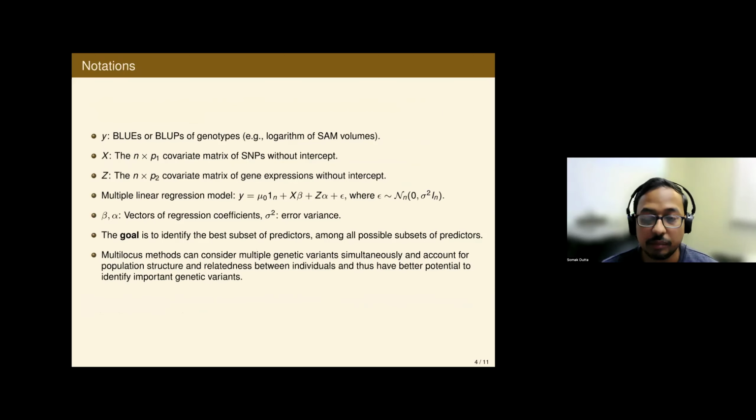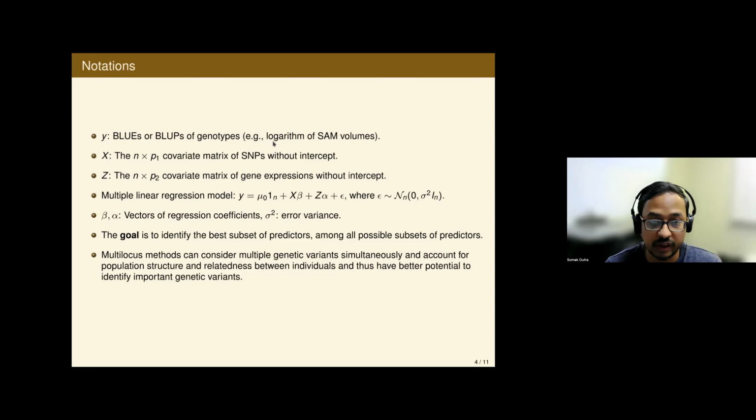The statistical model behind combining the genome-wide association study and the transcriptome-wide association study is a high-dimensional linear regression model. Typically, we observe the trait values through field trials, and we compute the BLUEs, the best linear unbiased estimators, or the best linear unbiased predictions of the genotypes. For example, it could be the logarithm of the SAM values.